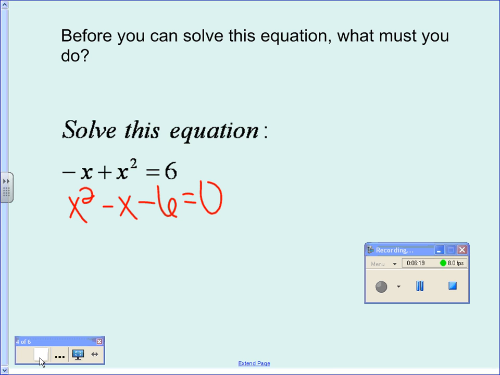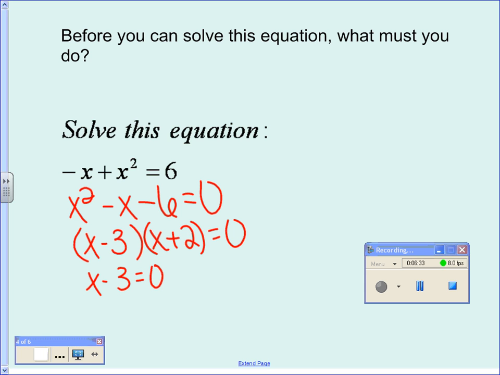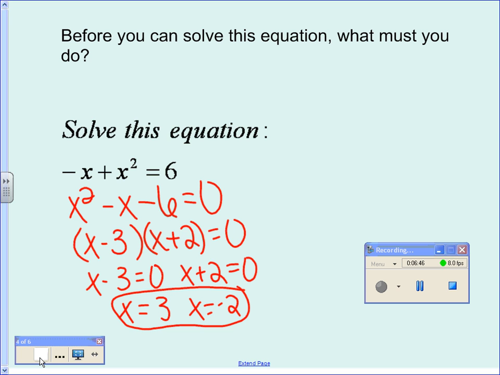No, factor. How will it factor? Do you agree? So each of the factors equals 0. Does that make sense? So x equals 3, 4, negative 2. Does that make sense?